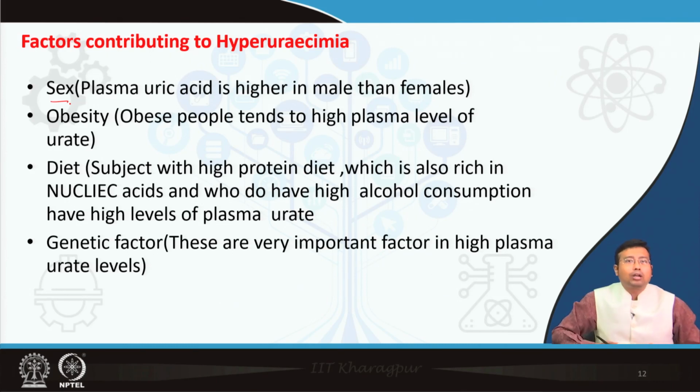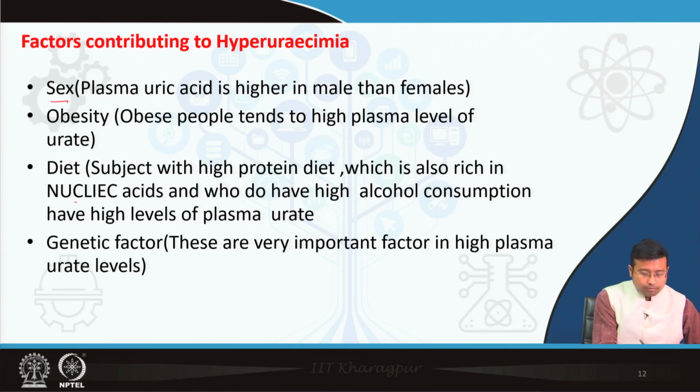diet. It is a very important factor which contributes to hyperuricemia, especially a higher protein diet. For example, a person who is trying to build muscle, or whose dietary habit includes Western diets, has more protein component in the diet. Those diets are broken down and, since they are high protein, are also rich in nucleic acids.